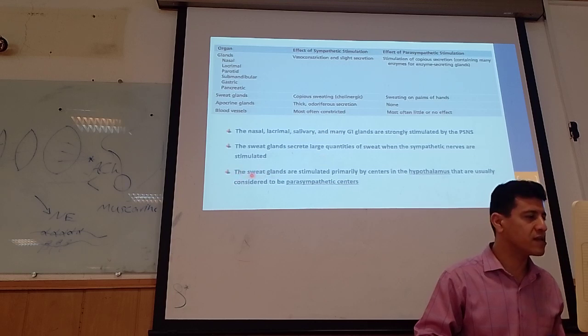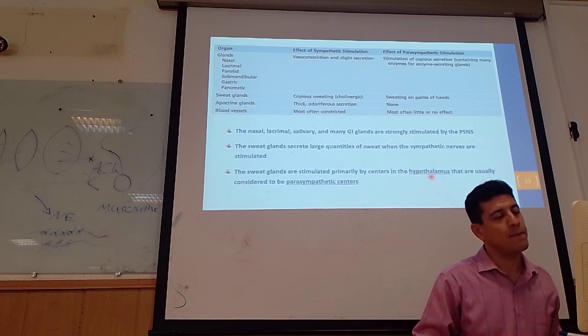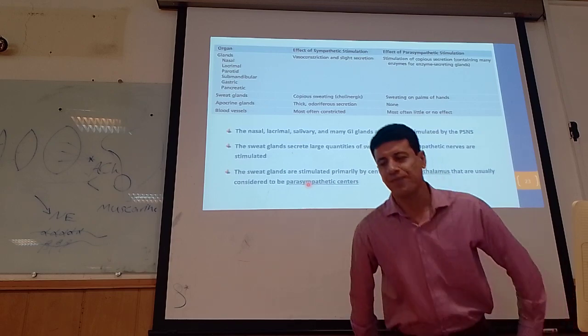One important thing is this one, sweat glands, which are activated by cholinergic fibers. Okay? They are actually controlled by hypothalamus areas. But these hypothalamic areas are considered parasympathetic centers. So this is very complex actually.